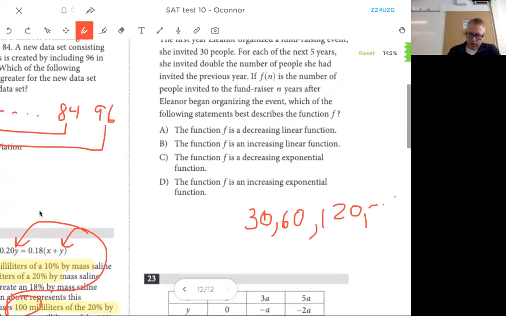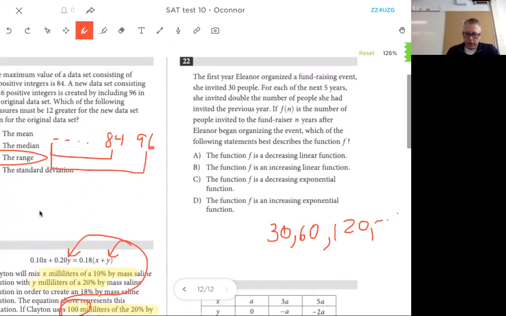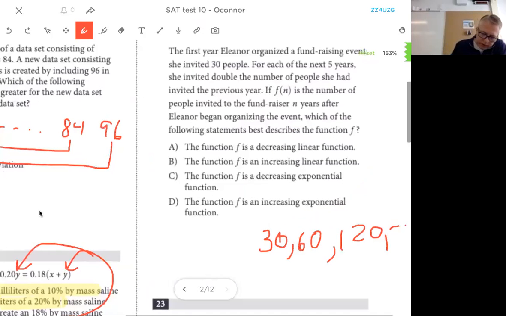We're trying to figure out if it is decreasing linear, increasing linear, decreasing exponential, or increasing exponential. I really hope you didn't just guess, because it's obviously increasing if we think it through. If you're doubling the number of people, we know it's increasing. Just by knowing that, I now have a 50-50 chance of guessing.